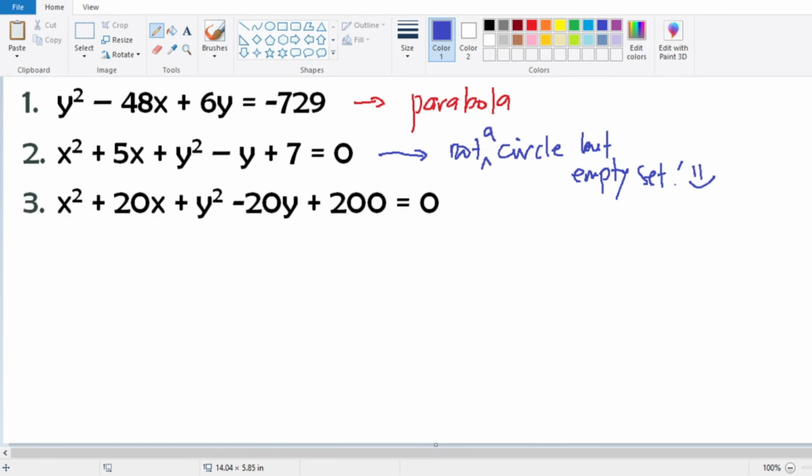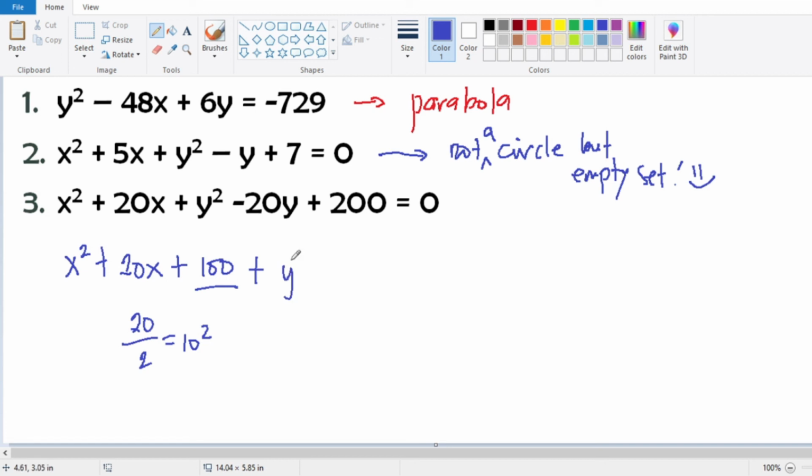Okay, moving on now to number 3. Sa number 3, ganun ulit ang gagawin natin. And completing the squares, you have x squared plus 20x plus 20 divided by 2 is 10. Square that, 100. So that's the missing number for that one.